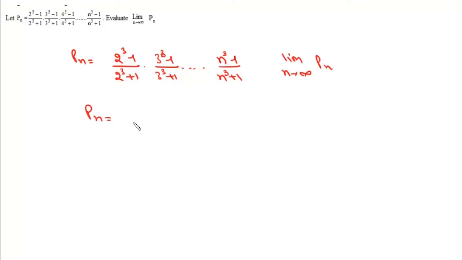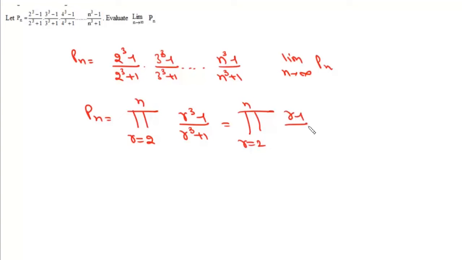Now we'll write this Pn as this product where r varies from 2 to n, and will be this r cube minus 1 upon r cube plus 1. Now we'll write this as this product r varies from 2 to n, and this is r minus 1 upon r plus 1, and here will be this r square plus r plus 1 upon r square minus r plus 1. So we'll split this product in two parts.